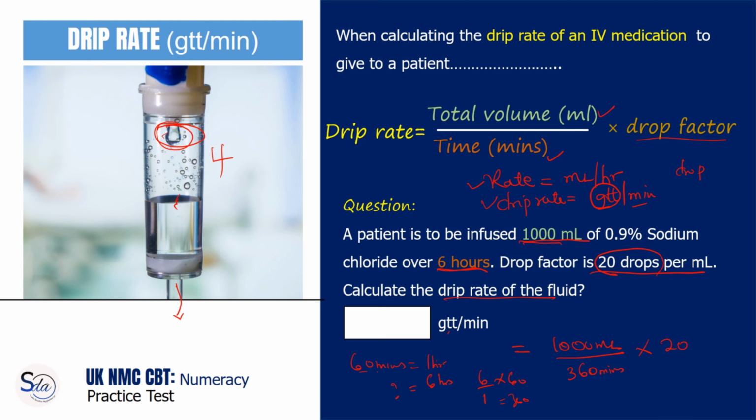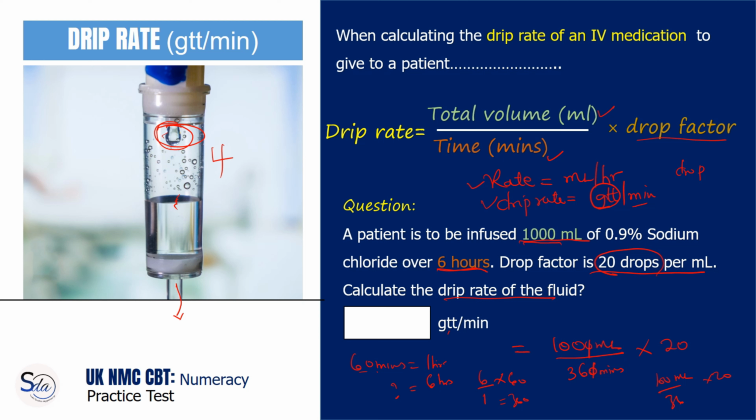So you can see that the time we're getting here is 360 minutes, so 1000 divided by 360 times the drop factor, which is 20. So let's do cross-offs. This 0 cancels out this 0, and now we are left with 100 ml, all divided by 36 times 20.